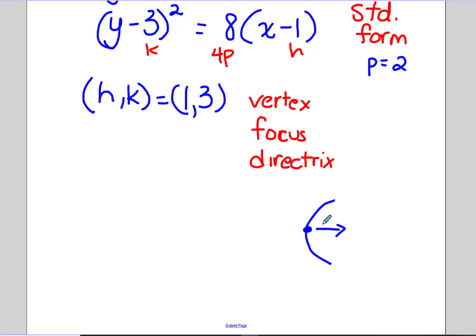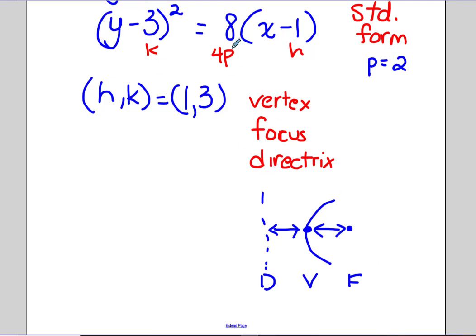We have to go 2 units to get to the focus. We have to go 2 units to the left to get to the directrix, because the directrix and the vertex and the focus are equally spaced apart.